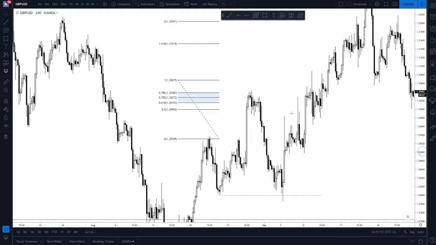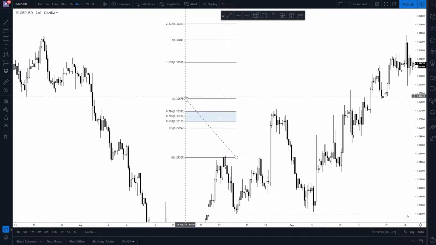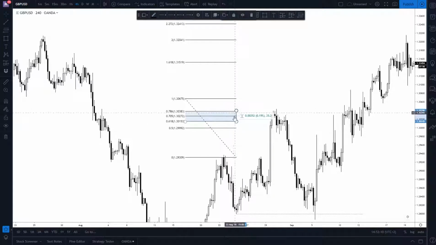If you are aware of the ICT, he is calling this the optimal trade entry, and having this crazy talk about it, but at the end of the day this is nothing but the midpoint between these two levels.